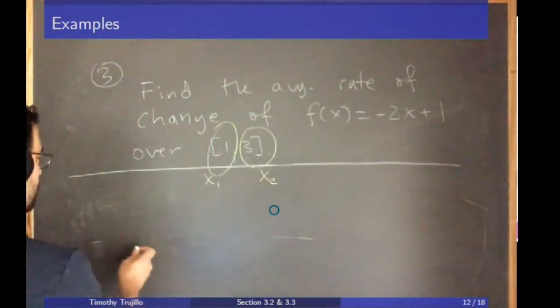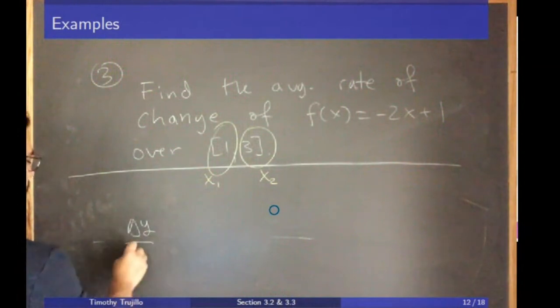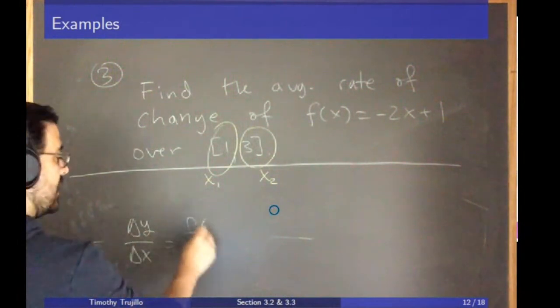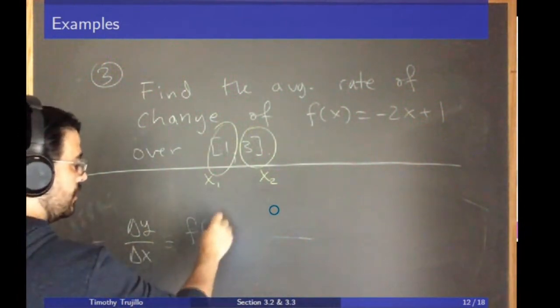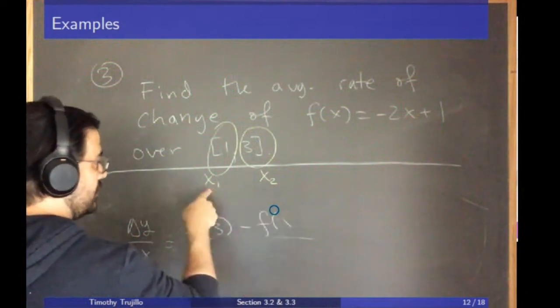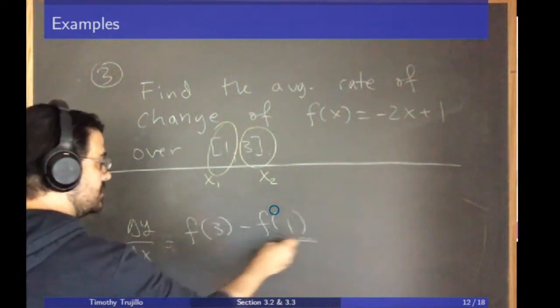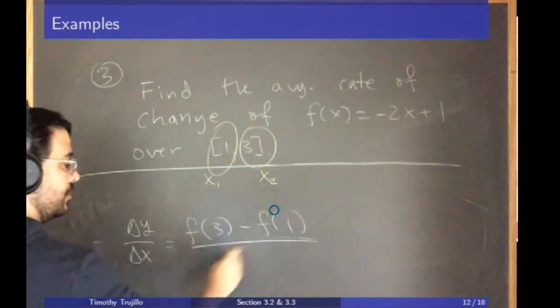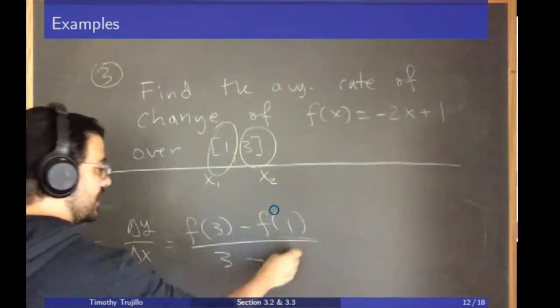Okay, so the change in y over the change in x is going to be f of x2 minus f of x1, which is 1 here, divided by x2 minus the x1.